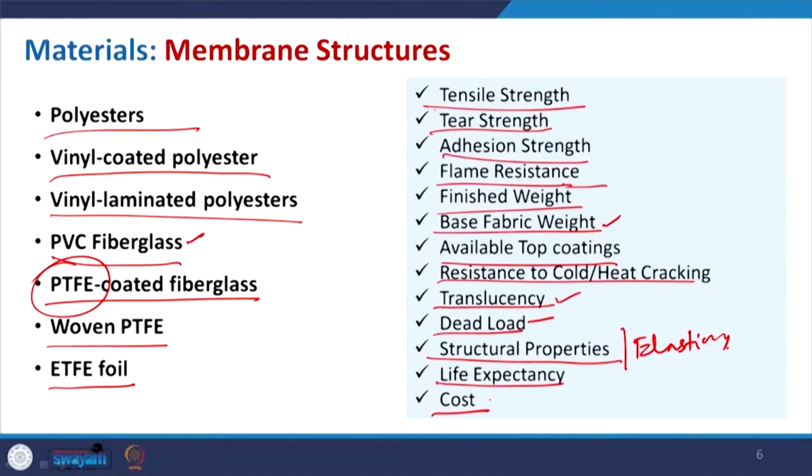On the right hand side of your slide, you have all these available materials, and on the left hand side of the slide you have all the criteria which you should look for in selecting a membrane material for the structure.